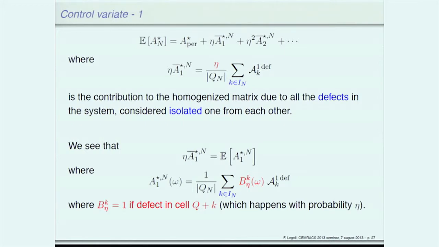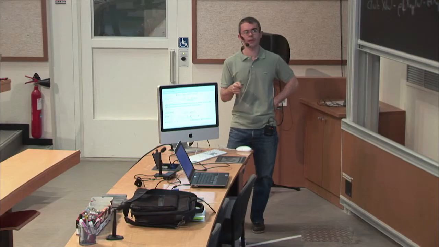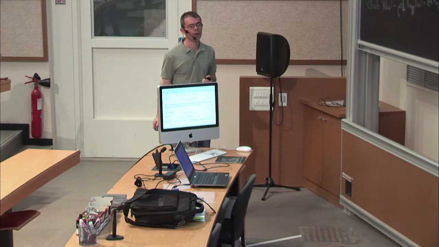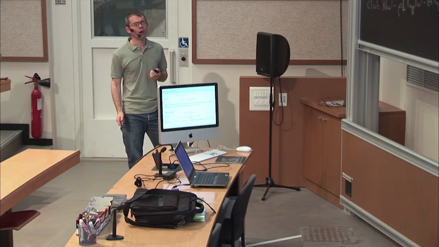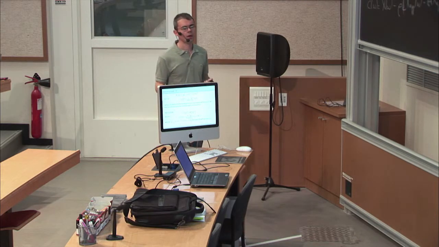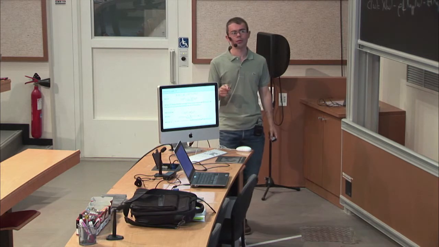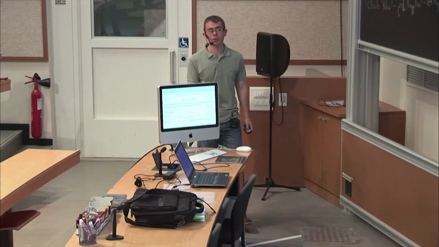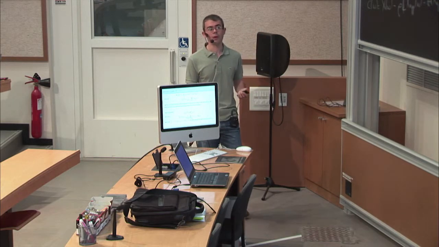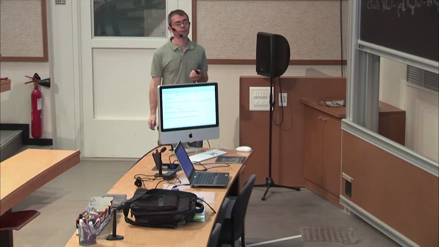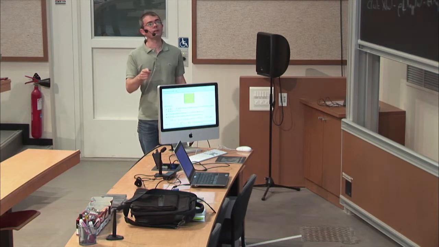And if it is 1, I've got a defect in the cell K, then I consider the marginal contribution of that defect, and I sum over all the cells. So I've got this random quantity, built on the sum over all the cells, taking into account all the contributions of 1 defect.